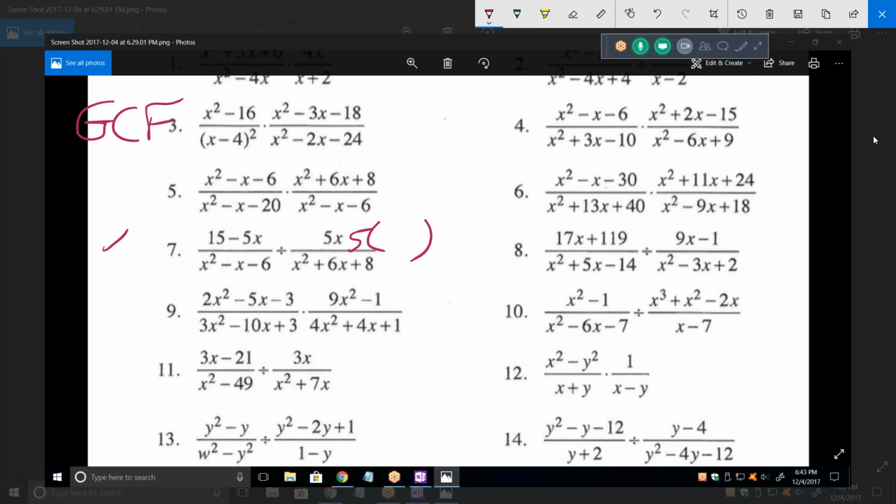You take the factor you came up with, 5, and you divide each term by it. And that's what goes in the parentheses. 15 divided by 5 is 3. 5x divided by 5 is x. And then you check to make sure that you got the same thing. Is this the same as 15 minus 5x? Yes.